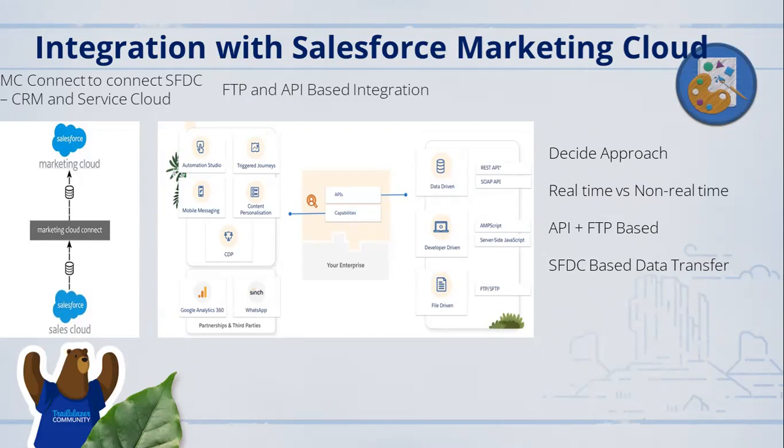Say you do a transaction on a website or on a POS system and a communication needs to go out, then yes, that's a real-time use case which you want out of Marketing Cloud. If that is the case, you need to integrate using the API-based integrations, implementing the REST and SOAP APIs of Marketing Cloud.